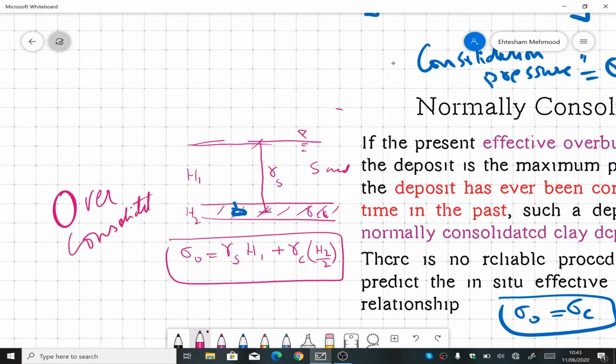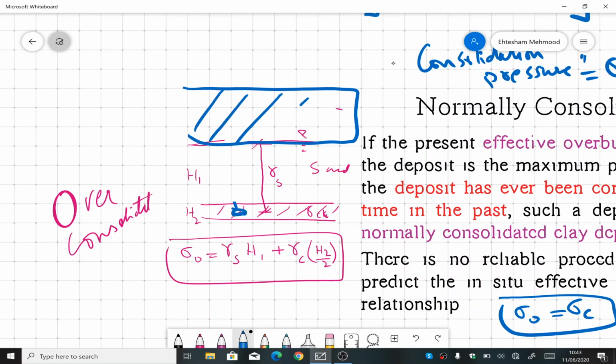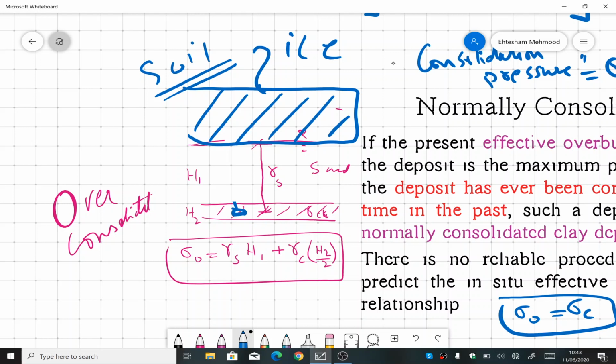So what does that mean? That means that in the past there was an additional pressure on top of the current ground surface. That can be ice or some sort of soil, maybe an earthquake came or maybe a flood came that washed away all this excess load. But before we remove that load, we should remember that under this loading the soil has been compressed.